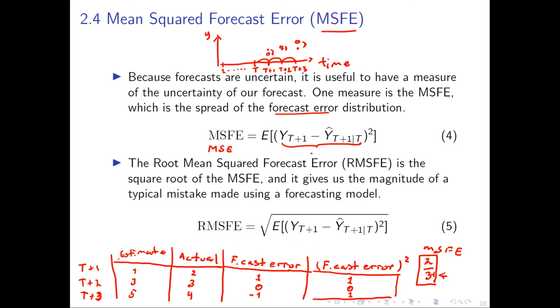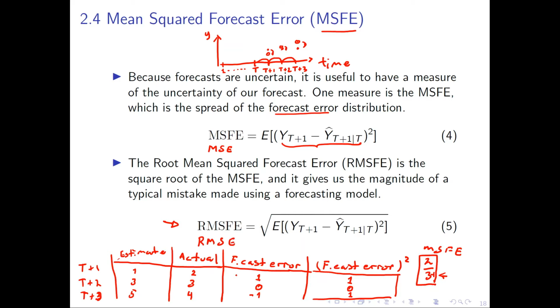To get an error measure which is a bit more tangible, we can take the square root of the mean squared forecast error, and what we get is the standard deviation of our forecast error. This root mean squared forecast error is more often just written root mean squared error.